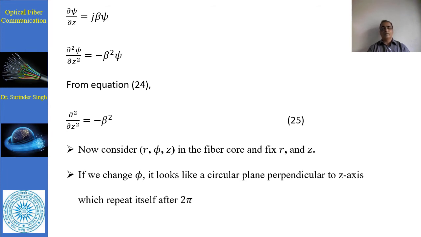So for the fiber core, we have to fix the values of r and z. Now if we change only the angle phi, looking at the circular plane perpendicular to the z-axis, this means that phi varies from 0 to 90, 180, then again 360. A 2 pi variation occurs for the cylindrical fiber.